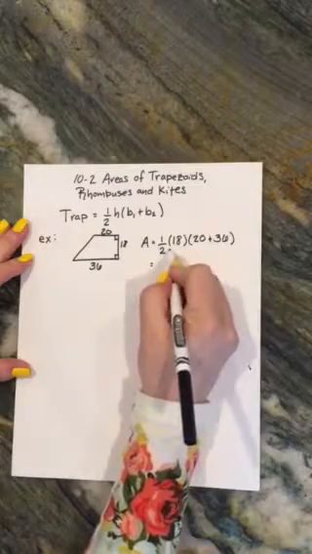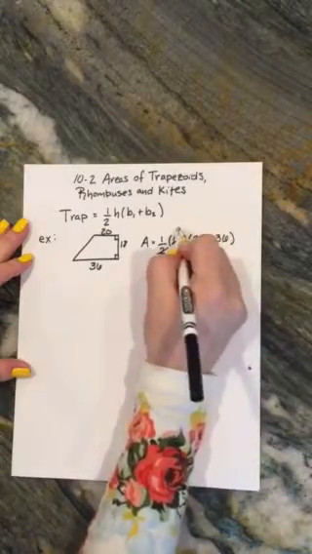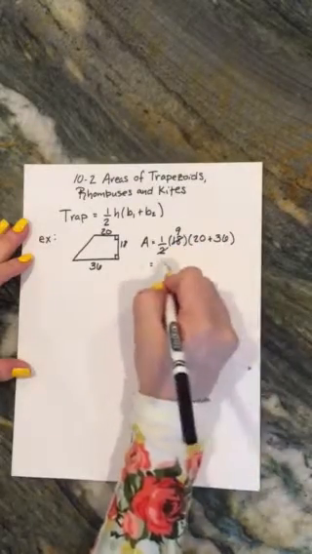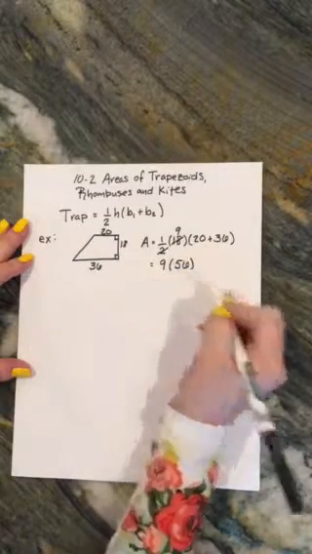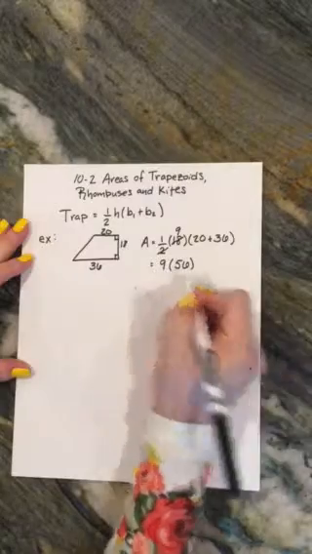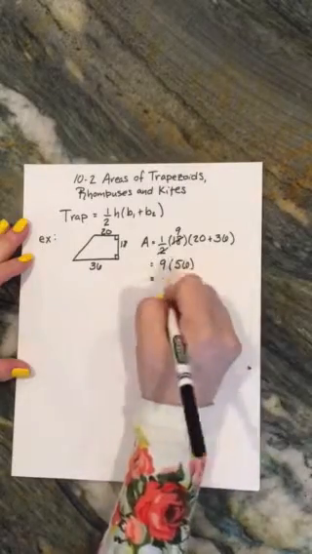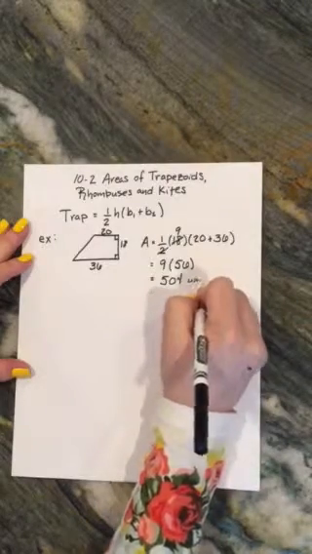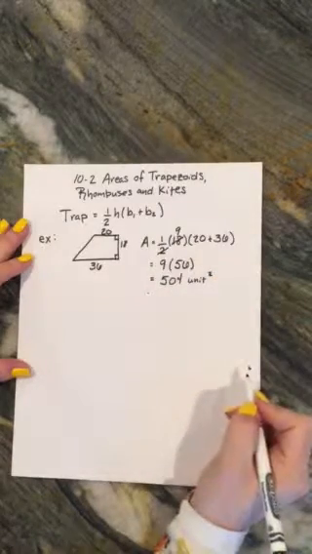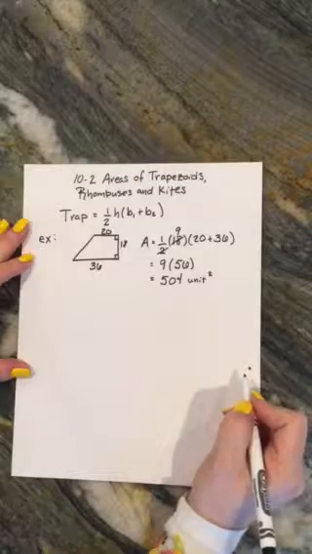All right, so here we go. Let's divide out the 2. So 9 times 20 plus 36 is 56. Ooh, do we have good mental math? 504 square units. All right, so that's pretty easy.